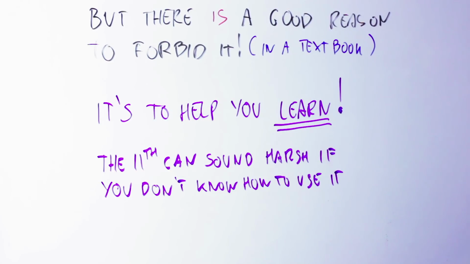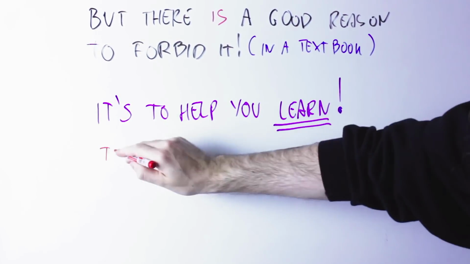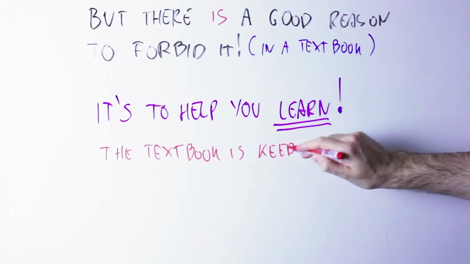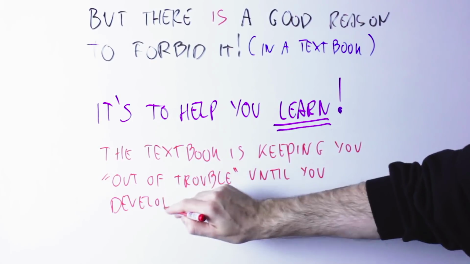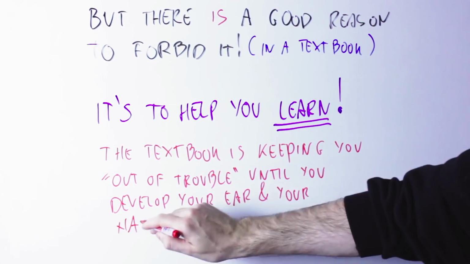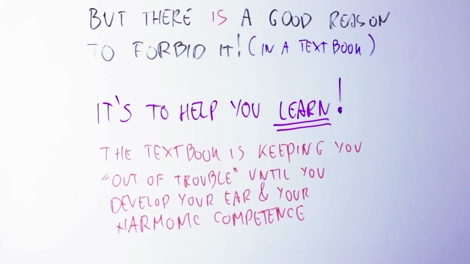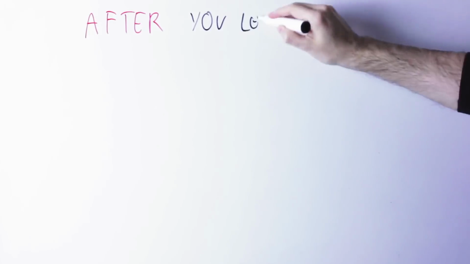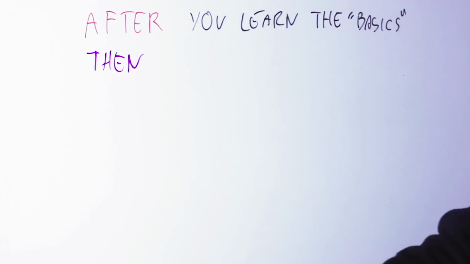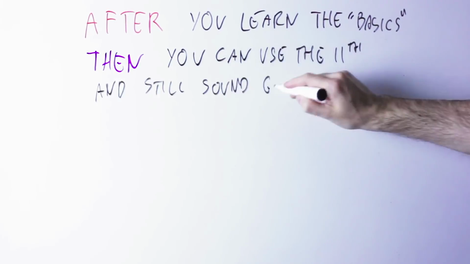So the textbook is trying to help you by doing its job, by making you avoid any kind of situation where you think you're doing the right thing, but your ear is not developed yet enough to be able to manage the kind of dissonance that you are playing. It's not that this note is forbidden in actual music. It's just forbidden to students until they develop enough ear to understand how to work with that note.